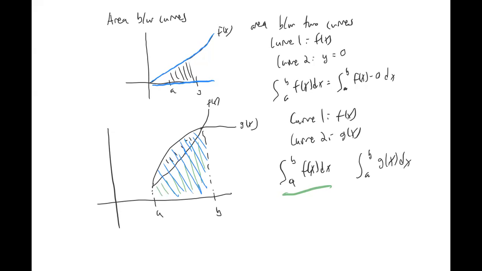And we want the thing in red. So how do we get that, knowing the area under g and the area under f? You just subtract, right? That's sort of why I wrote minus 0 here.